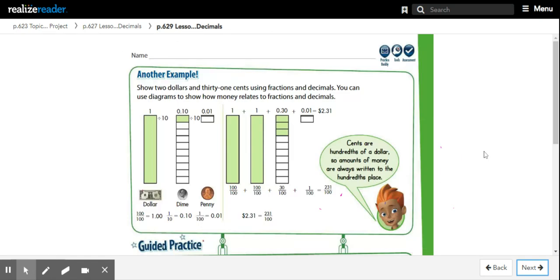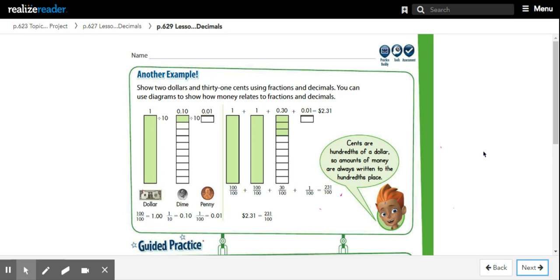All right, so at the top of page 629, you will see another example. And this example is what my brain goes to immediately when I think about decimals. I immediately think about money because money is the place where you're going to see decimals the most. This example is just showing you another way that you could draw a picture or a model to help you represent this.